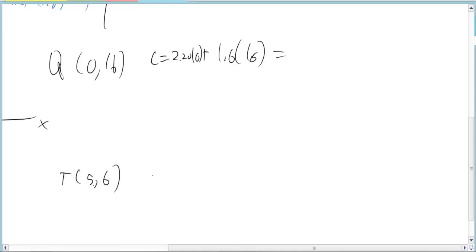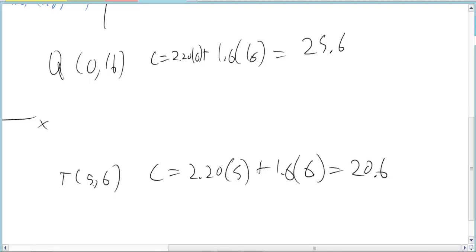That one's going to be the cheap one. So this is going to be 2.20 times 5 plus 1.6 times 6. And now we're going to figure out which of these two is less expensive. So now you can see when you do both of these, 20.6 is less dollars, less cost than 25.6. So therefore the winner is going to be this one right here.